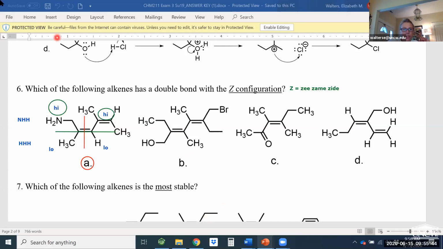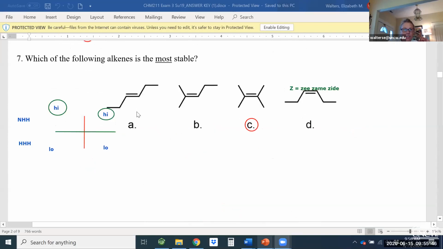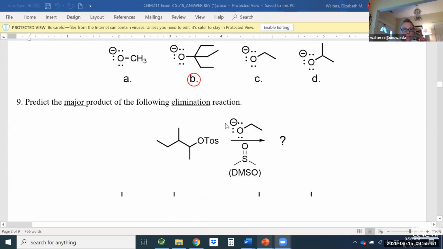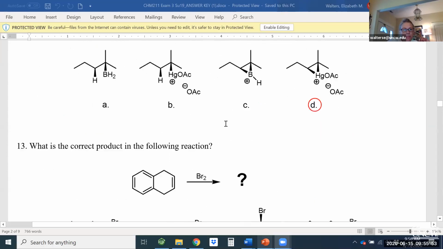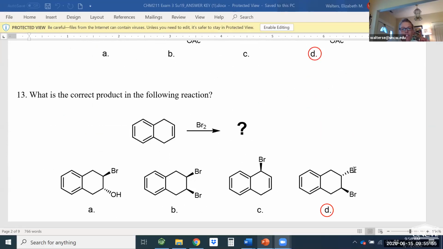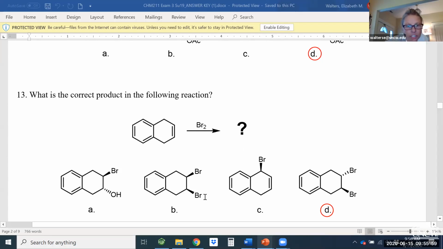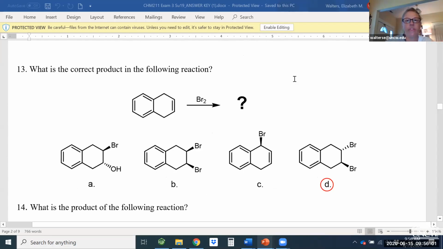All right, so 13. Oops, I have to clear all that stuff. Okay, so in 13, I can draw it for you if you want it drawn, but you'll have to tell me, Rebecca.